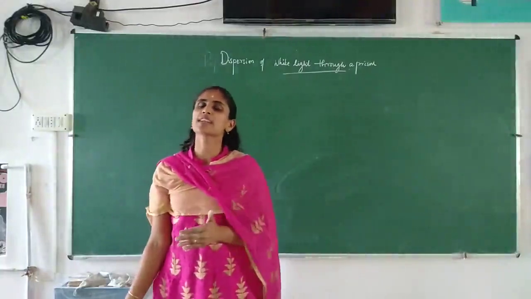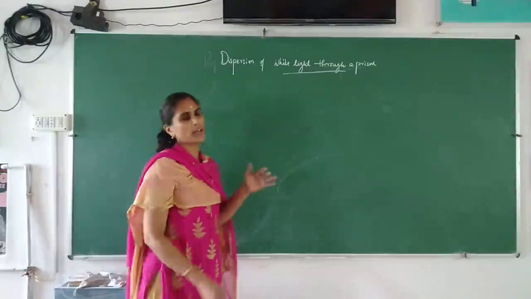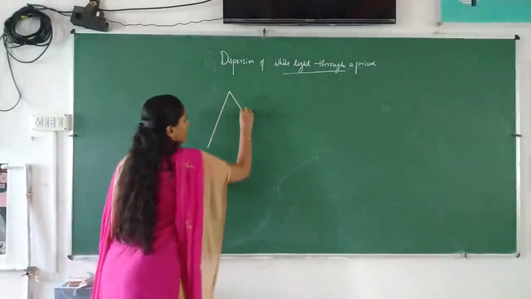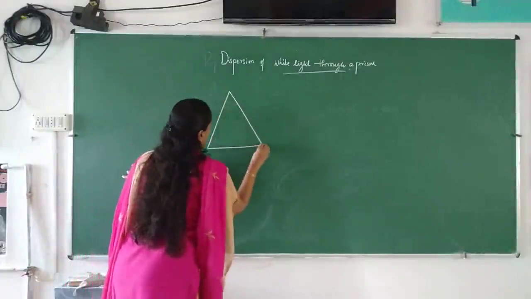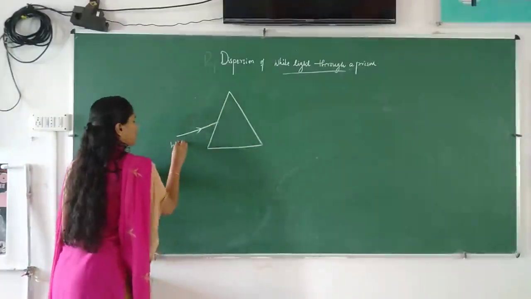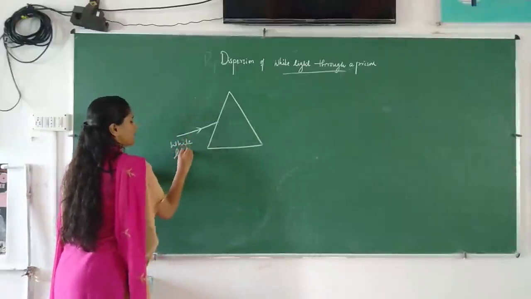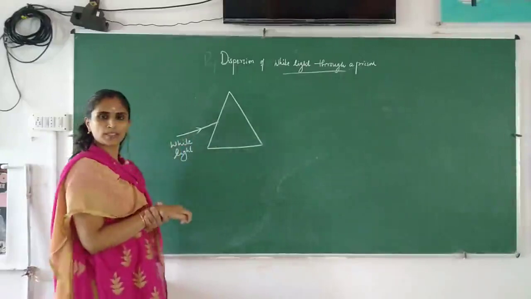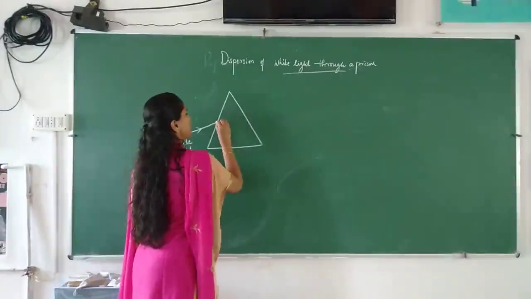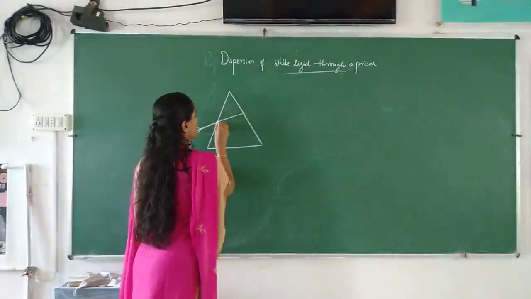Seven beautiful colors can be seen. So how? That we are going to discuss. A prism is there and white light is allowed to pass. So when white light passes through a prism, this is the actual path, and from there will be deviation.